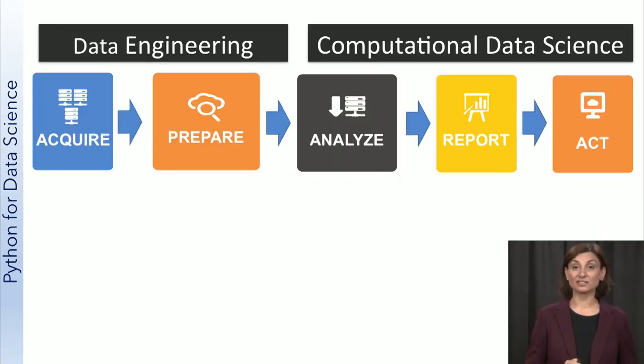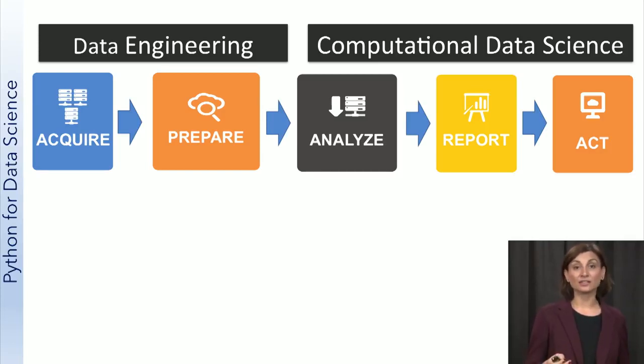There are many ways to look at the process. One way of looking at it is as two distinct activities, mainly data engineering and data analysis, or computational big data science, as I'd like to call it, as more than simple analytics is being performed at this stage in general.